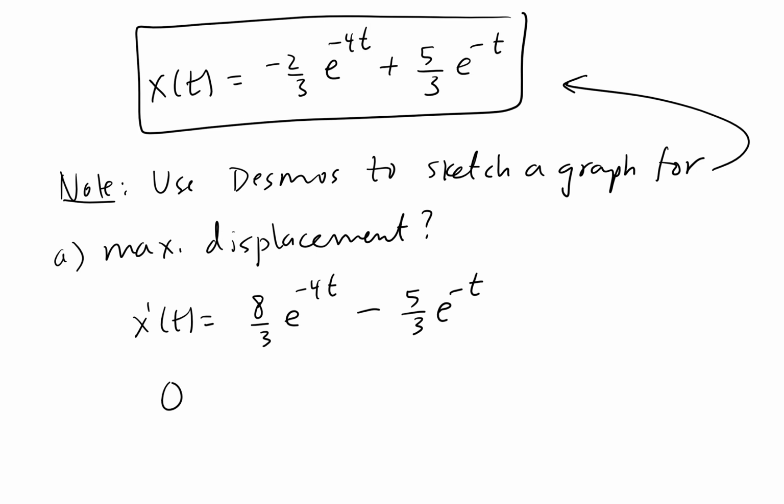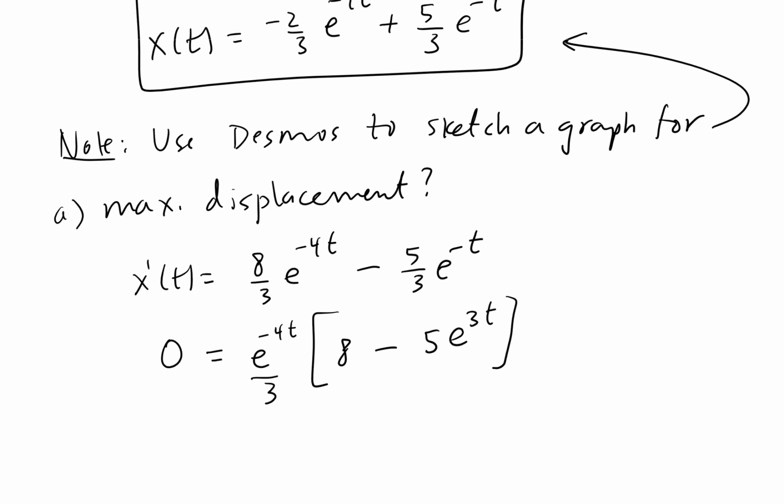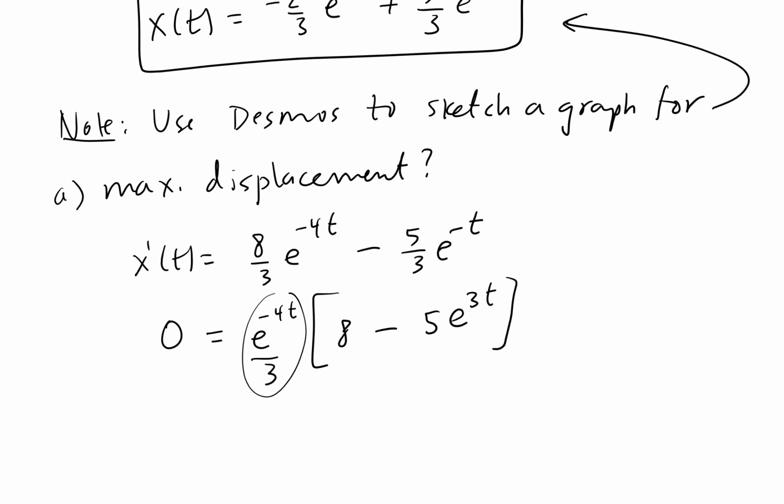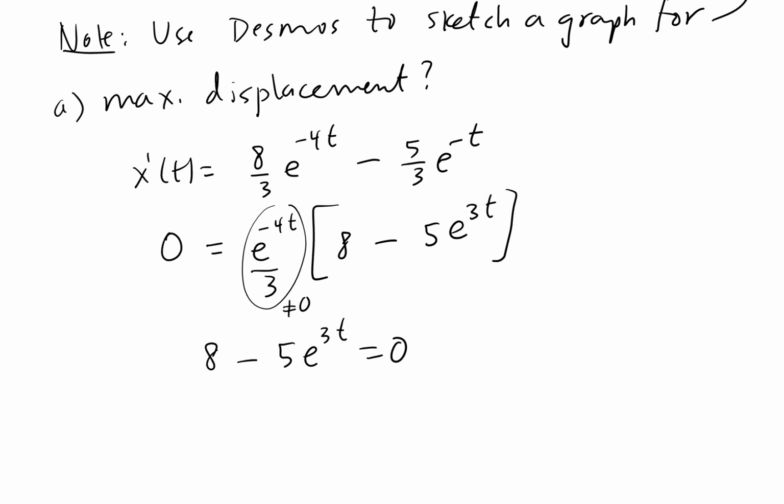You set it equal to 0, and you can factor e to the negative 4t out, and also 1/3. You get 8 minus 5 e to the 3t. In order for this to be 0, e to the negative 4t cannot be 0. So only 8 minus 5 e to the 3t must equal 0.